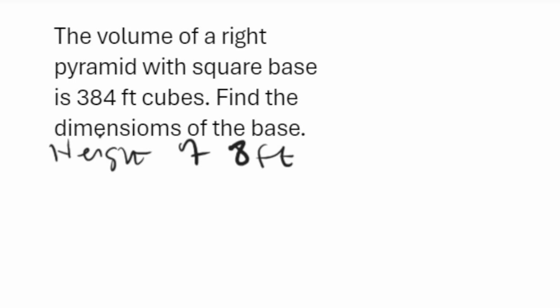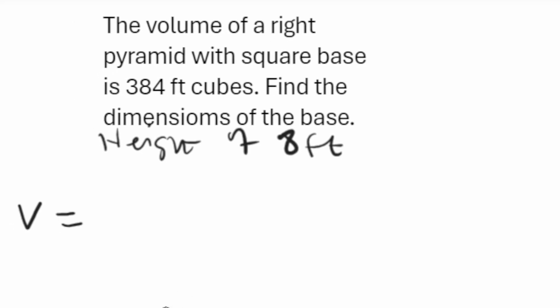So this one, what we need to do is the volume of a pyramid. We know the volume of a pyramid to be 1/3 base times height, where the base is the area of the base of the pyramid.